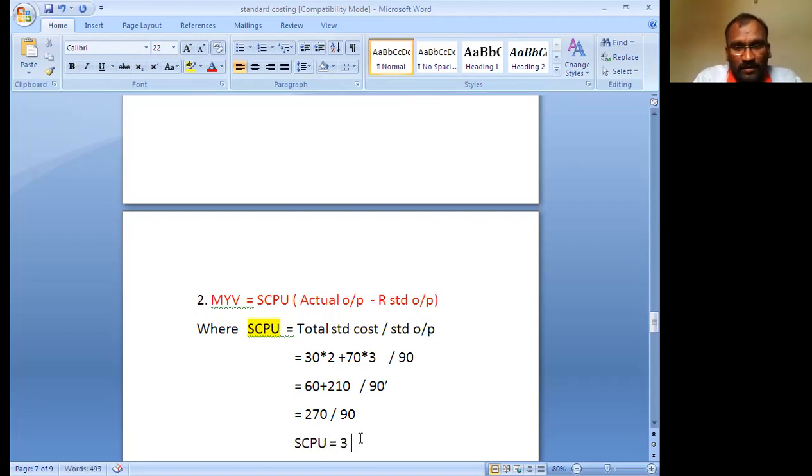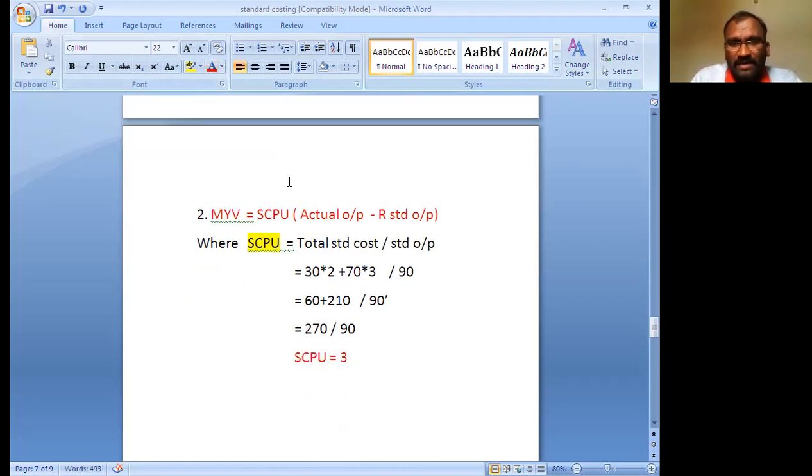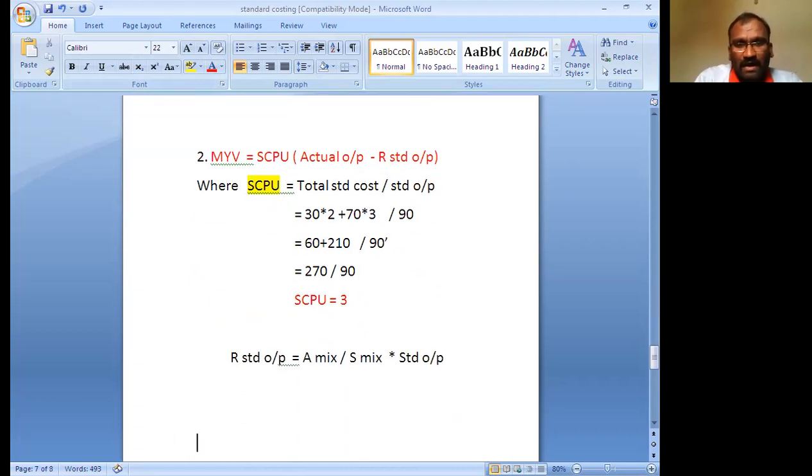Standard cost per unit, how much amount are you getting? 3 rupees. So standard cost per unit is completed. Actual output you know. Finally you are calculating the revised standard output. In the formula, revised standard output equals actual mix divided by standard mix into standard output.